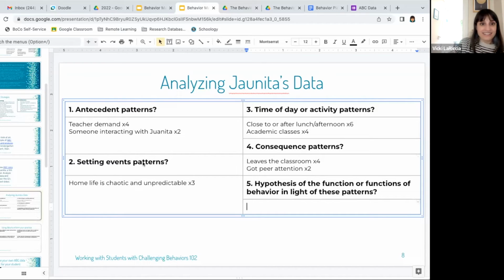So what do we think? I see a couple people saying attention, and some people were saying task avoidance or escape from demand, same thing. So yeah, task avoidance and attention seeking. What do other people think? Do other people agree with task avoidance and attention seeking?